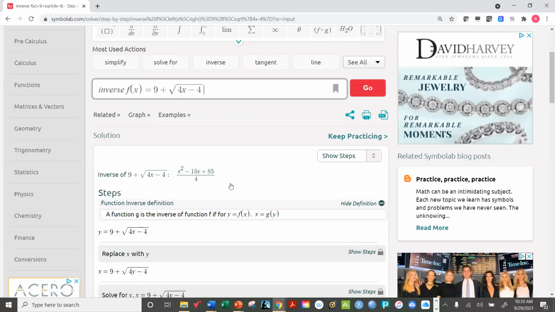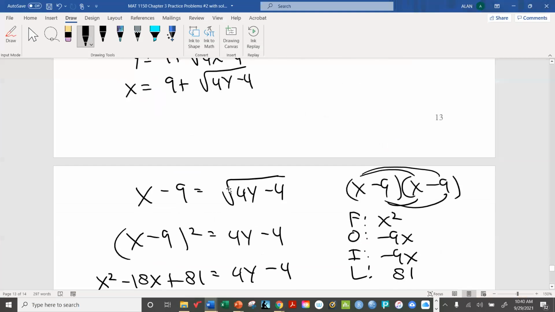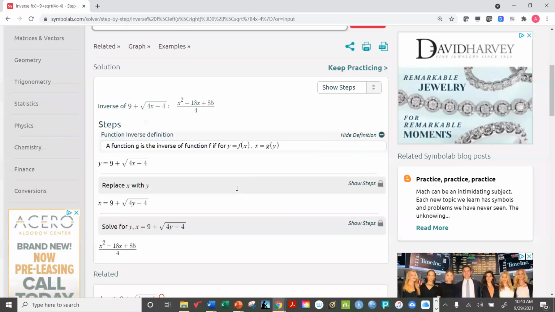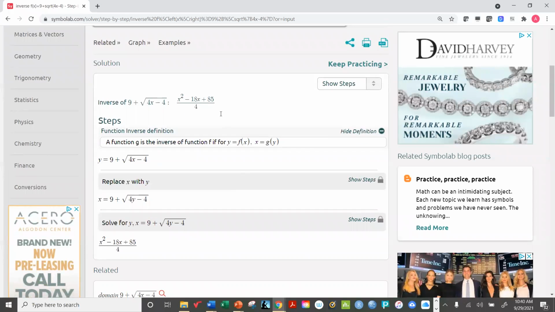Oh, no, there it is. x squared minus 18x plus 85 all over 4. Beautiful. It's always encouraging when you see that. All right, one more.